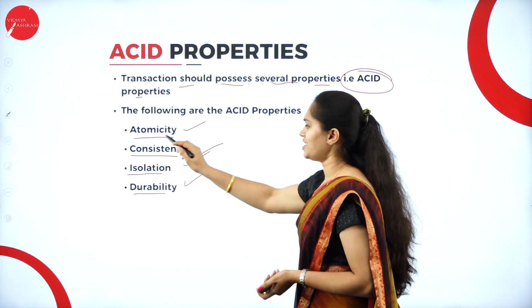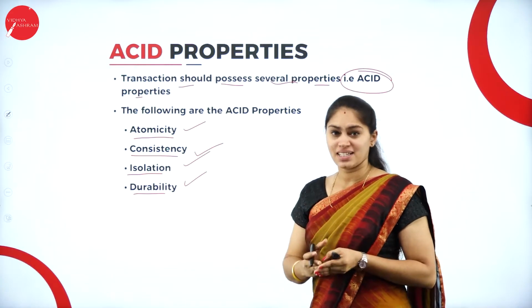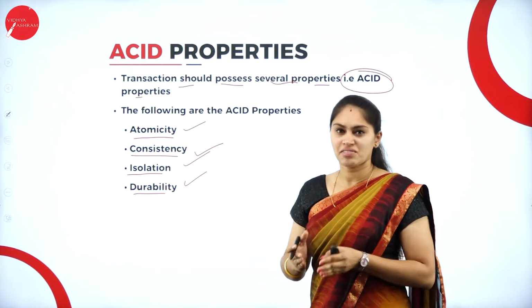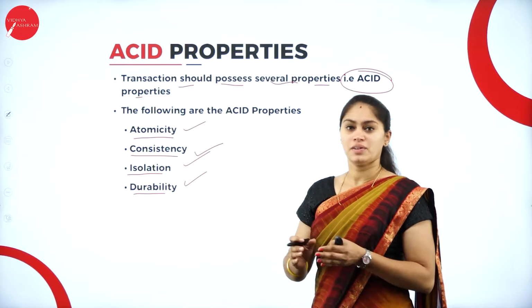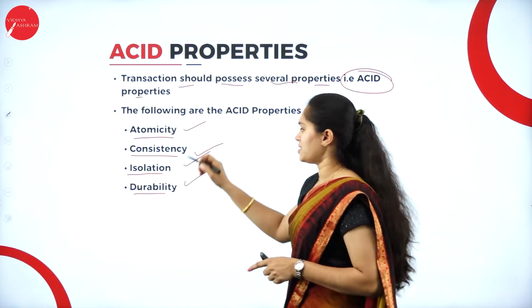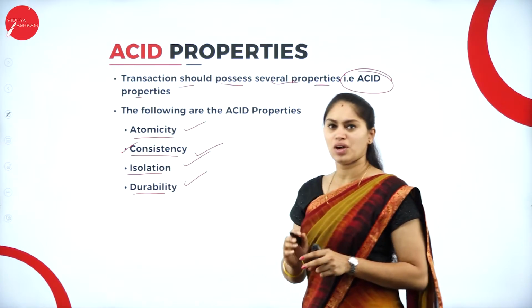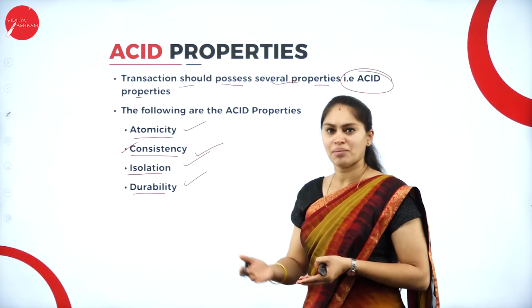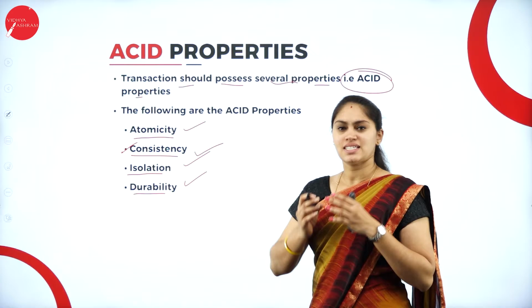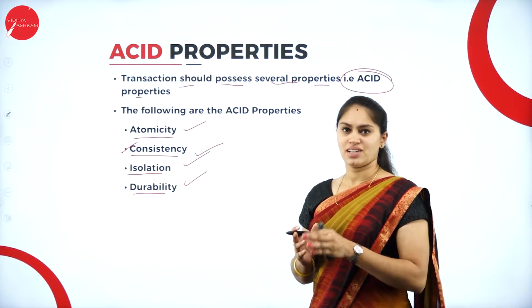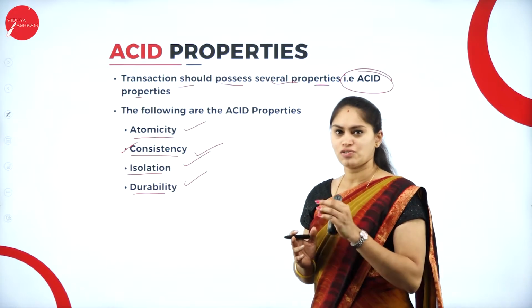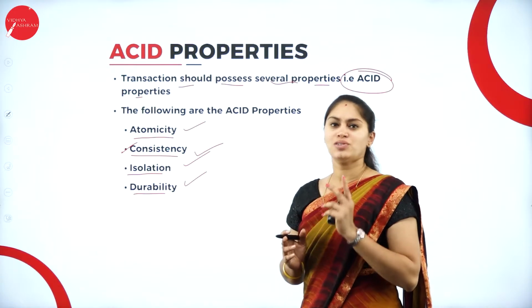If I say atomicity, atomicity in the sense what? It should be indivisible. So either the transaction should be completely done or not at all. That is atomicity. And consistency in the sense what? Whether it is a failure or a commit, whatever the stages we have in a transaction, that needs to be consistent. For example, if I deduct 5,000 from my account, it has to reflect.